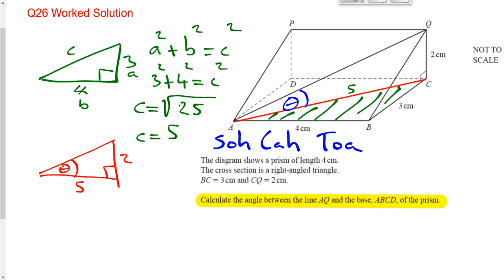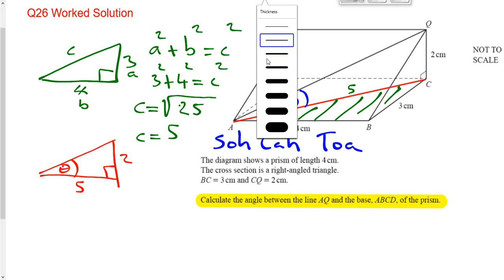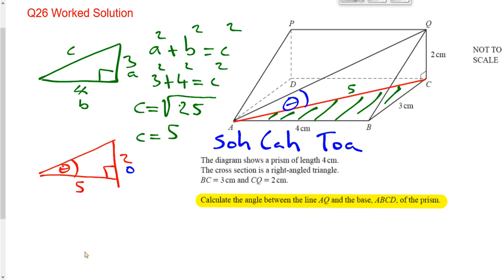So I'm going to label my triangle. In relation to this angle here, this is my opposite side, and my hypotenuse is up here, so this must be my adjacent side. I'm looking for the one of these which relates to the opposite and the adjacent side, and that's actually my tangent. So I'm going to apply that.